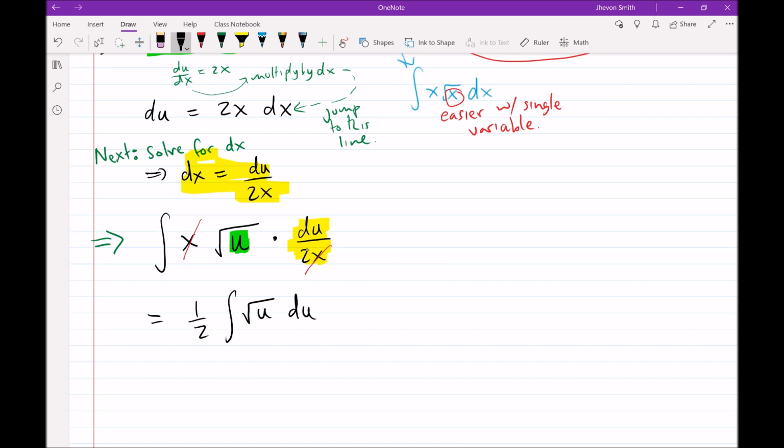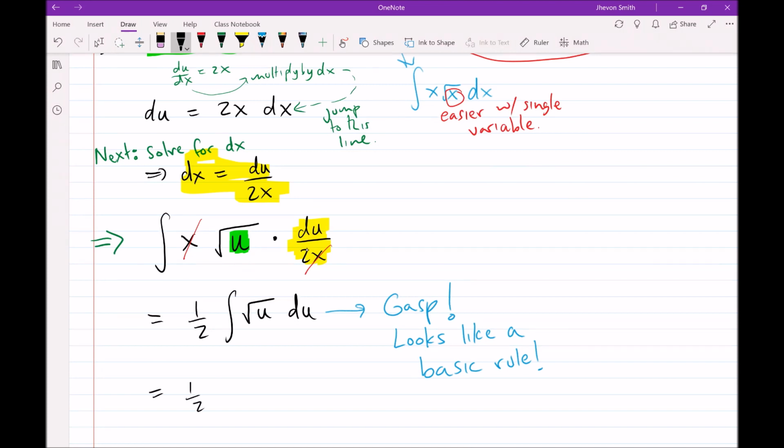And our integral now becomes that. And now what you're going to realize is that, gasp, this looks like a basic rule. Our integral is now easier. In fact, now I know how to deal with that.